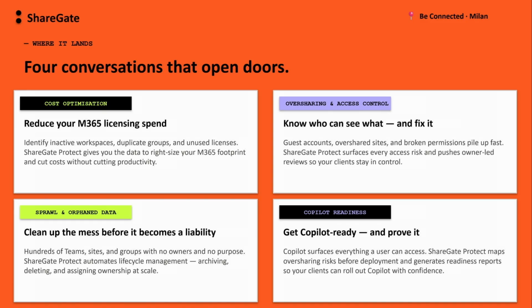First one is around cost optimization. What we look at is licensing, inactive workspaces, enabling you to right size your 365 environment by looking at storage and the way that the storage is actually utilized in the organization. We'll surface all the SharePoint sites, how much data is being utilized.